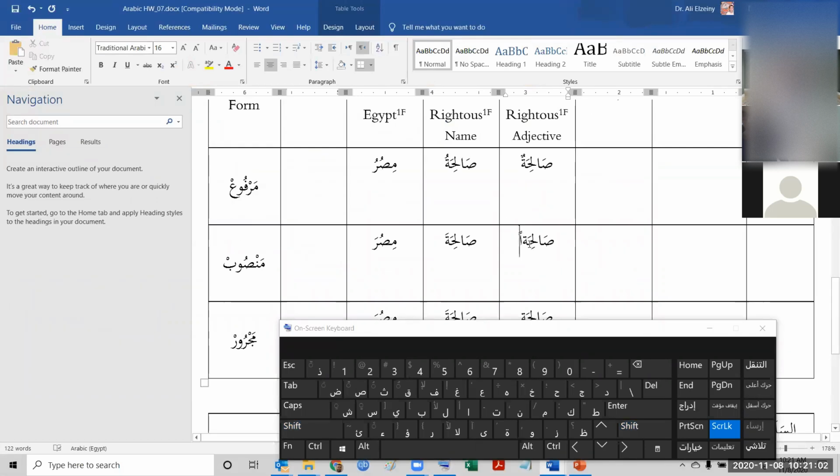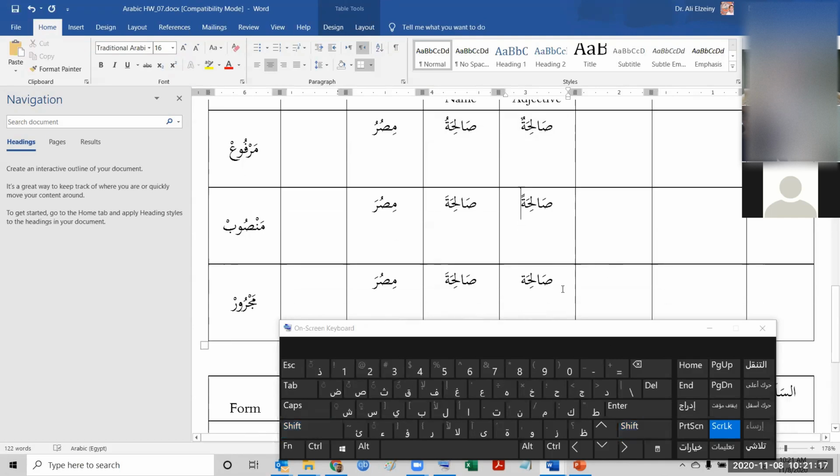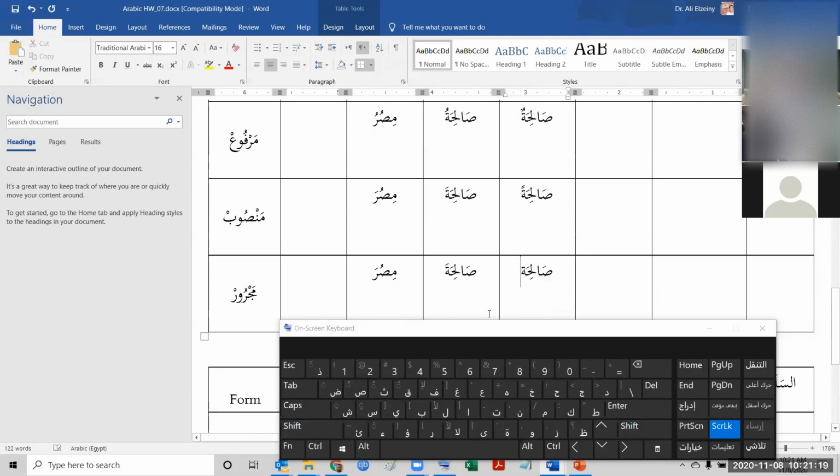The ta marbuta has to be the last letter in a word, it cannot be anywhere else. So in this situation, we don't put an alif. So salihatan, and here salihatin. You notice here dhamma, fatha, fatha, and here tanween dhamma, tanween fatha, tanween kasra.